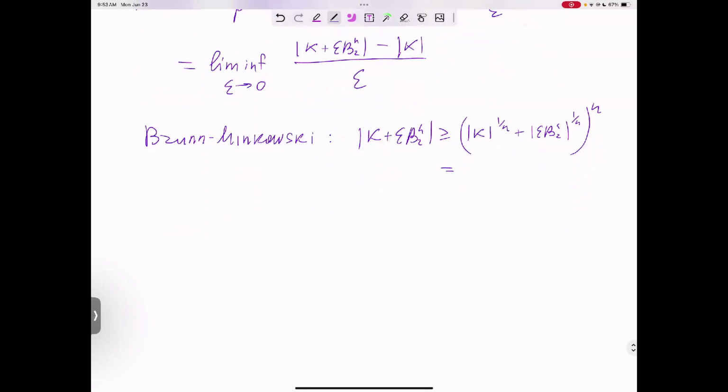Which is the same as this quantity. If I pull epsilon out, again by homogeneity, this follows, right?